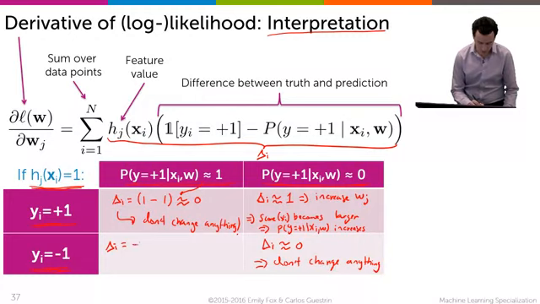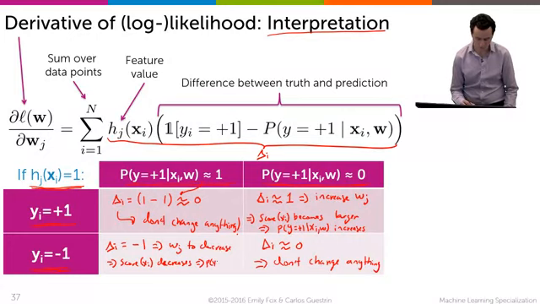So this delta I would be negative, approximately minus 1, which would lead wj to decrease, which would imply that the score of xi decreases, and it leads to the probability of y equals plus 1 given xi and w to decrease.